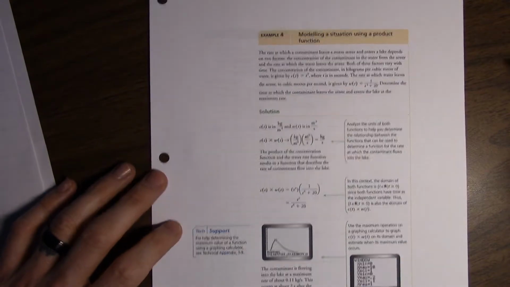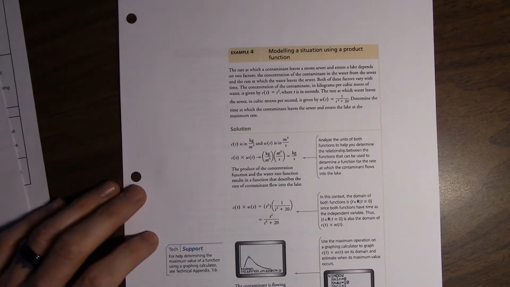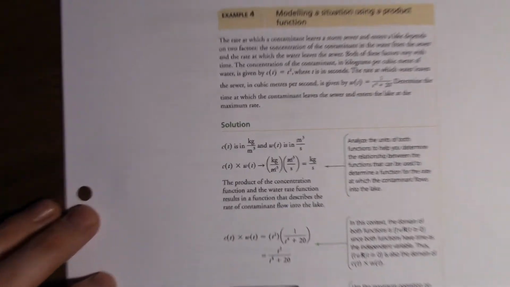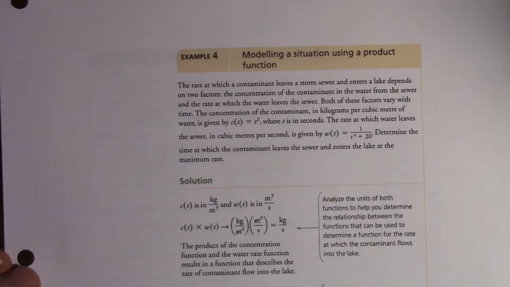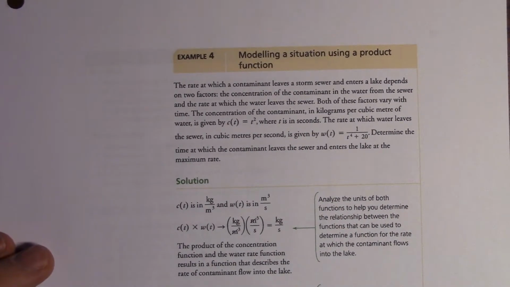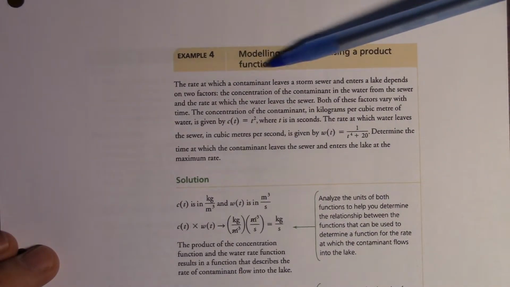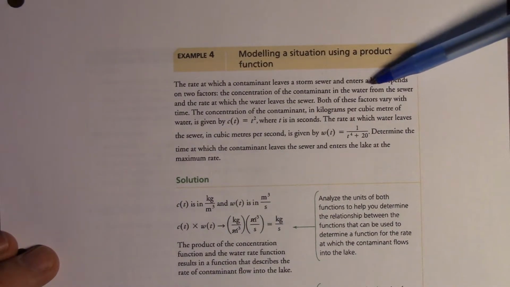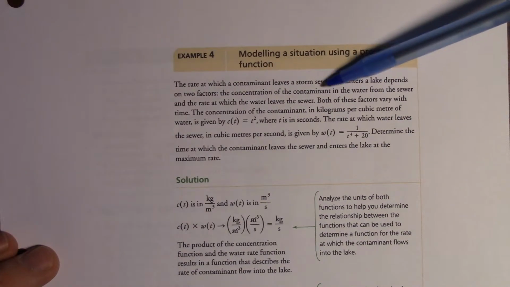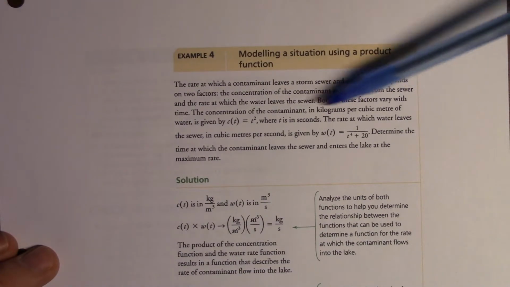All right, last one. Modeling a situation using a product function. The rate at which a contaminant leaves the storm sewer and enters a lake depends on two factors: the concentration of the contaminant in the water from the sewer and the rate at which the water leaves the sewer. Both of these factors vary with time.